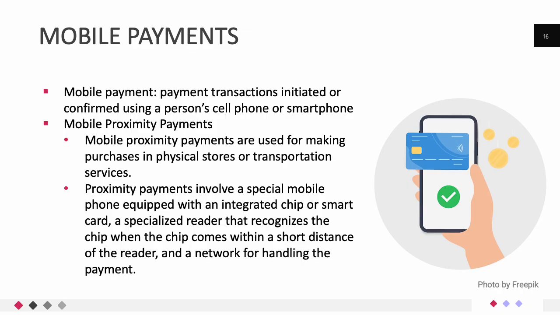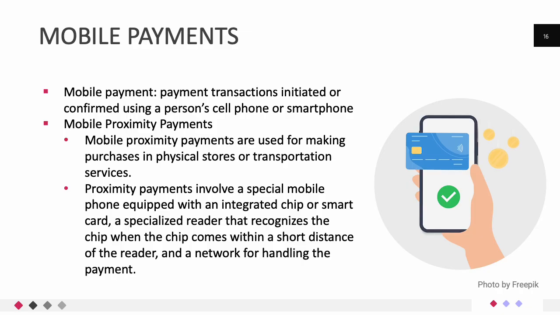Proximity payments work through special mobile phones that have either an integrated chip or a smart card built in, along with a specialized reader that can detect when your phone's chip comes within a short distance of it. You probably noticed that you need to hold your phone really close to the payment terminals, right? Usually just a few centimeters away for it to work.